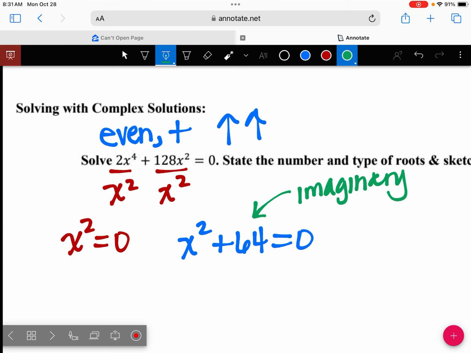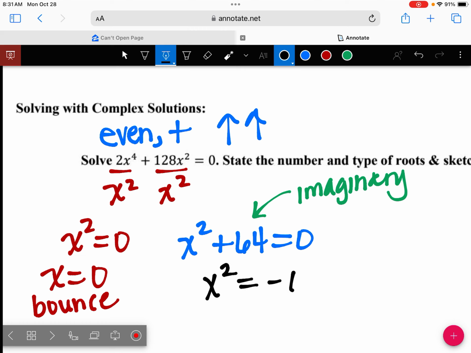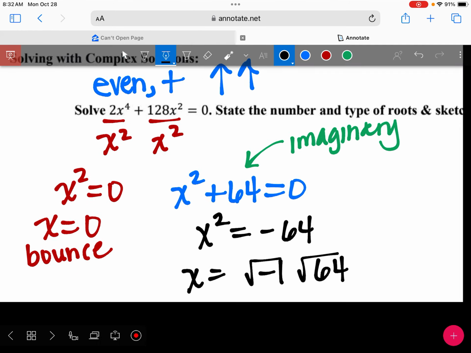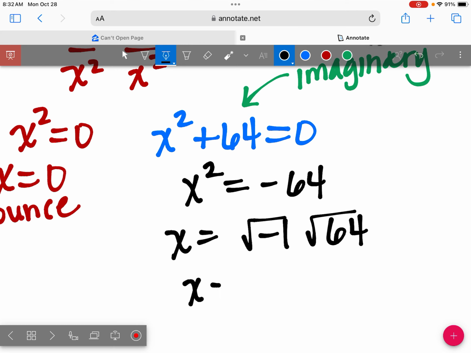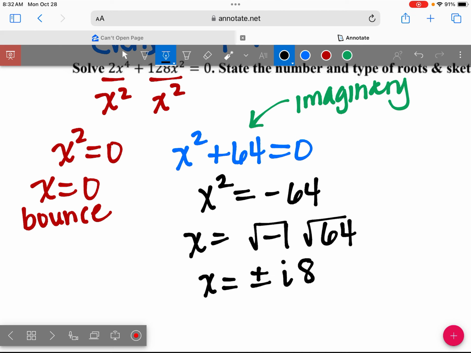First one, we take the square root and we get 0, which again is going to bounce because that was an x squared. For the second one, I subtract the 64 and you get that x squared equals negative 64. But when you take the square root, you have to separate that negative. So x equals plus and minus i8. I'm going to write it that way because I got a feeling most of you are going to write it i8 instead of 8i.